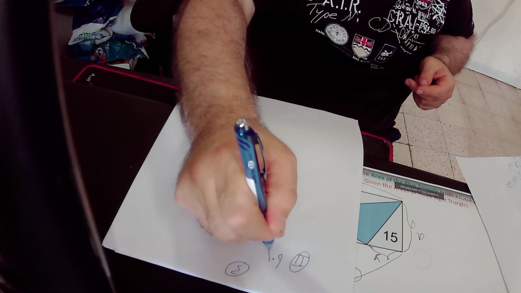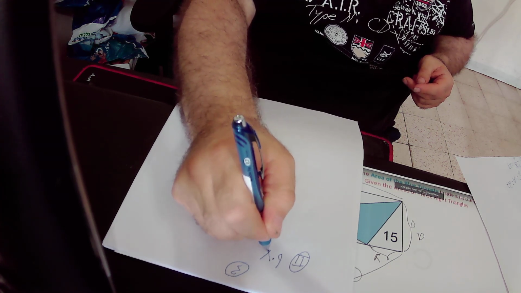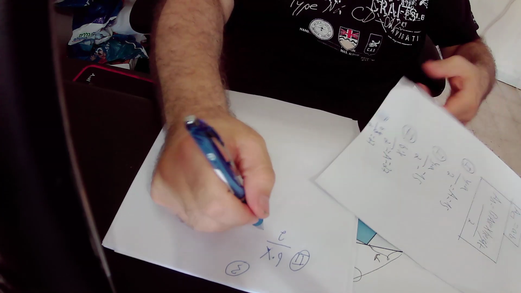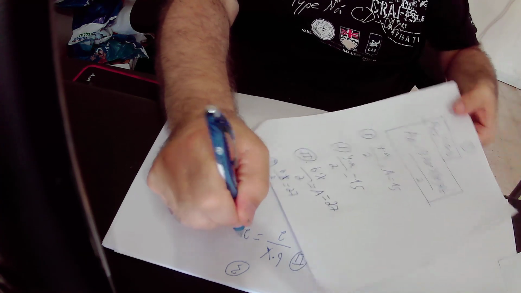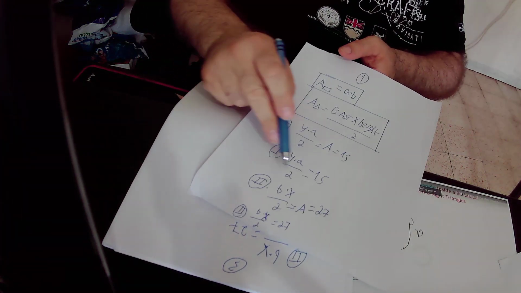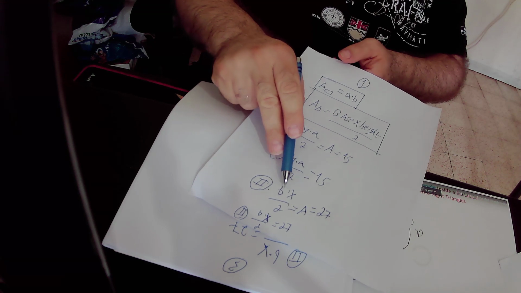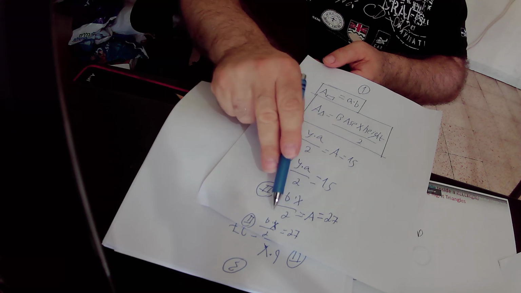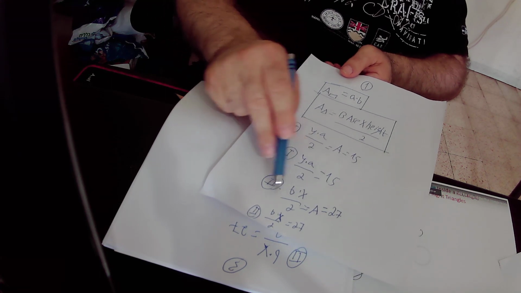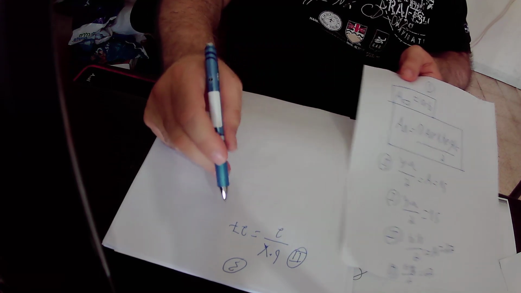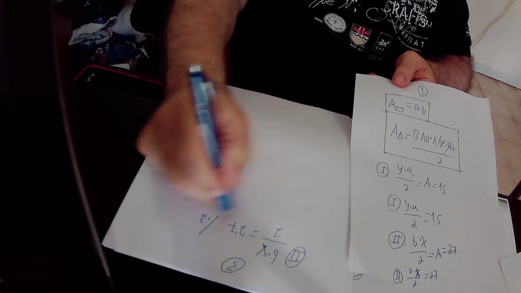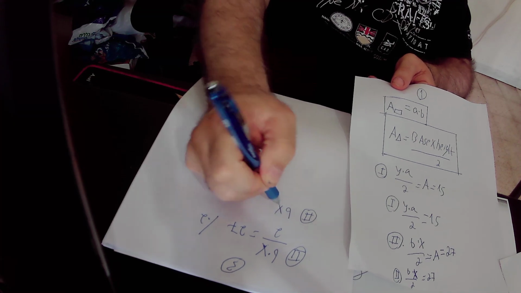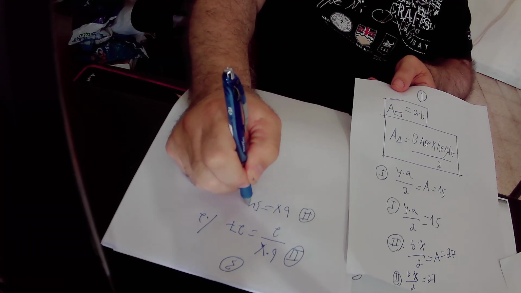The second equation is b times x divided by 2 equals 27. We can multiply both sides of the equation by 2. We will get that b times x equals 54.